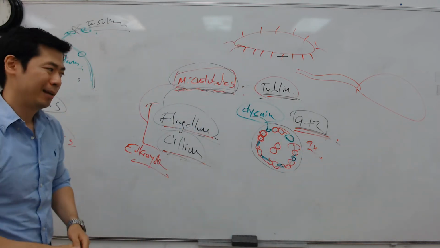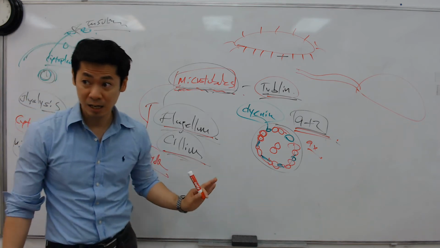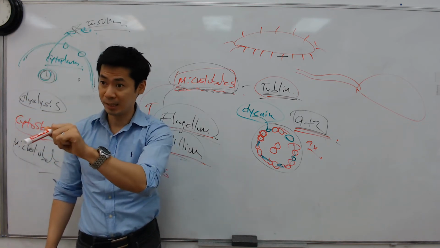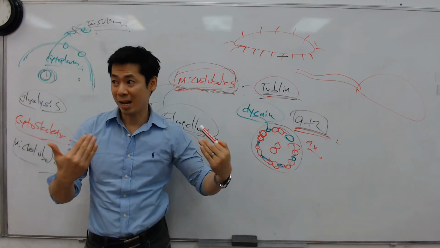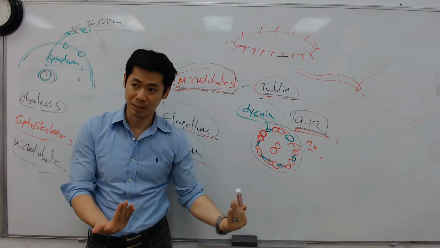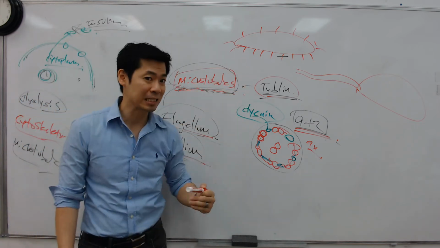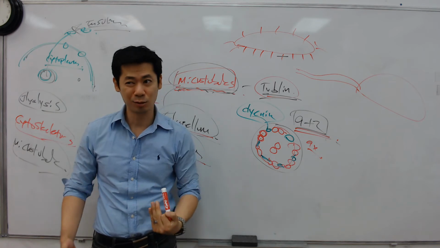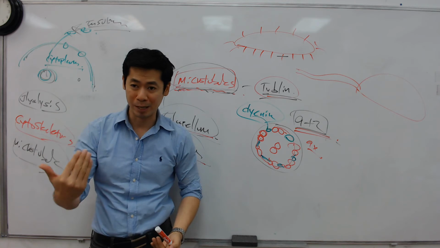Keep that in mind, guys. There are some cilia even in your body that are not meant for movement. Where in your body do you have ciliated cells that are not meant for movement?